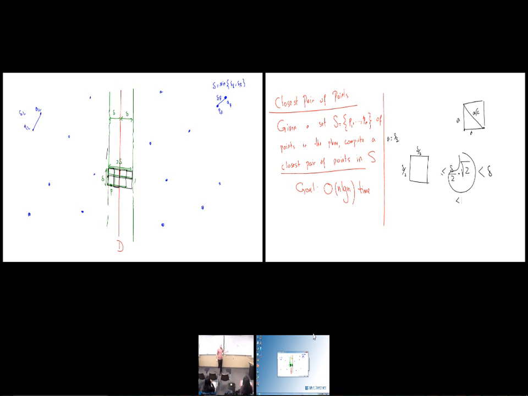Instead of computing all pairs, after noting the geometric observation that we just discussed, what I could do now is consider all the points that live inside this region between these two vertical green lines. Let's not worry about how to find them again. That's not difficult to do. We'll discuss that later. But suppose I find all these points that live inside these two vertical lines, distance delta from the red.